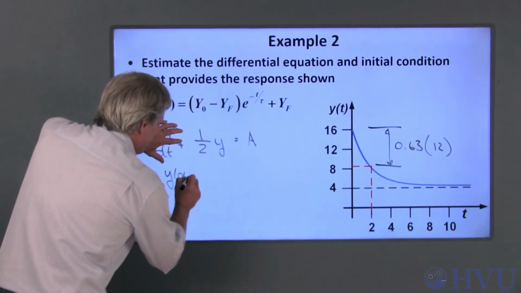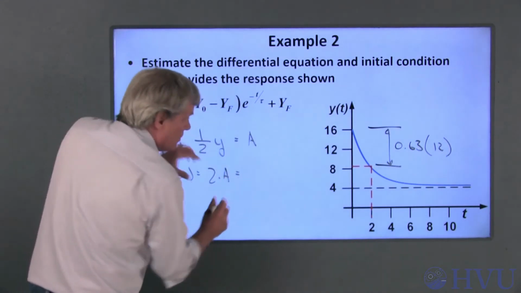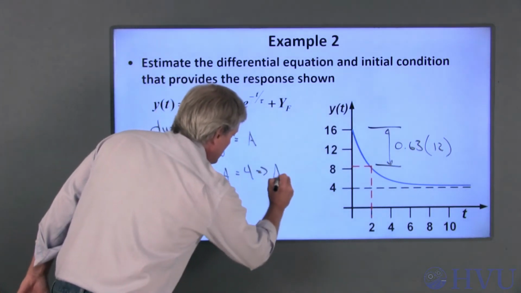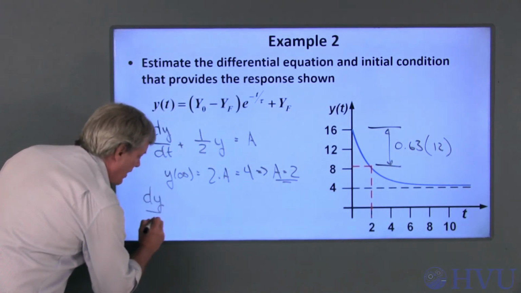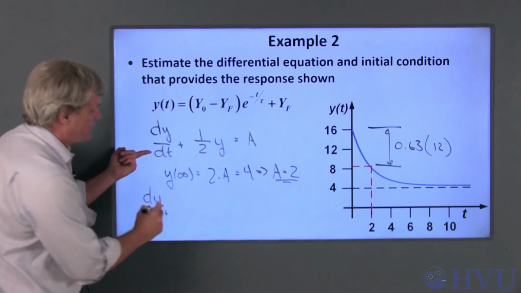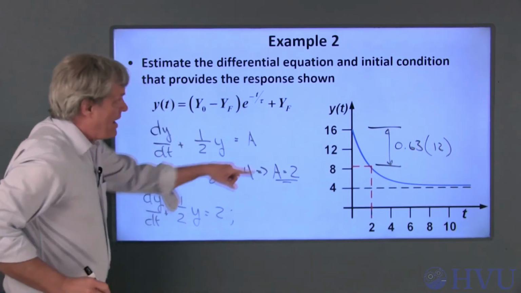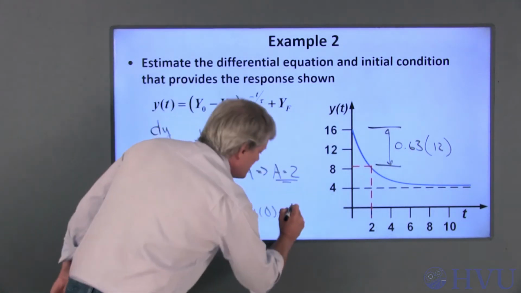So y at infinity is equal to 2 times a, which is 4 from our graph. So a is equal to 2. And the differential equation is dy by dt plus 1 over 2 y is equal to 2. And the initial condition, y at 0, is equal to 16.